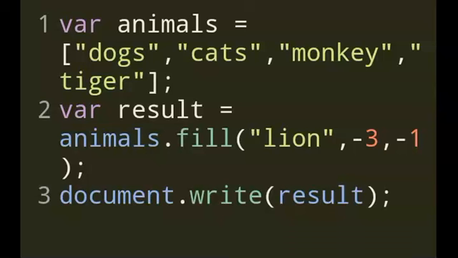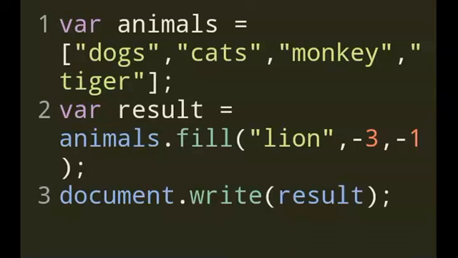So it should start from -3, which is cats, and then it should not include -1, right? When you go from tiger backwards, tiger is -1, monkey is -2, cat is -3, right? So when it goes from here, it will go until -1, because -1 is the ending point, -3 is the starting.